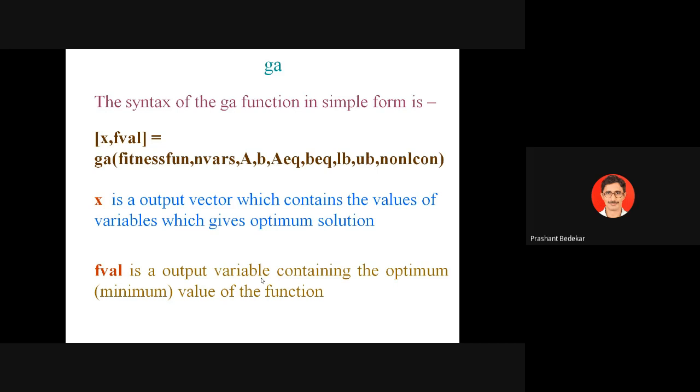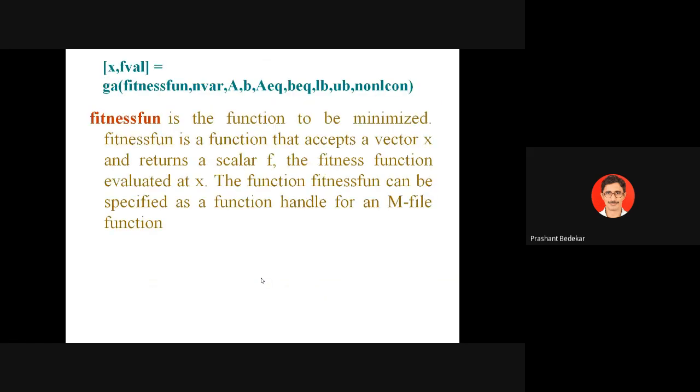The meaning of fitness FUN is the same as FUN, the function to be minimized. Only the representation is different. In place of FUN, I am writing fitness FUN. It has to be written in a separate file, and it is called with the help of a function handle, at the rate.